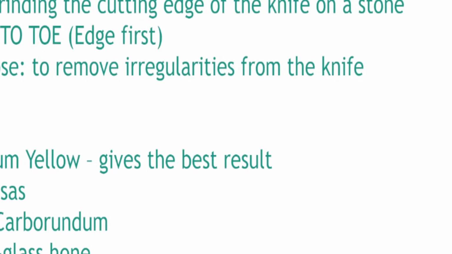Okay, we have Arkansas, the fine carborundum, and the plate glass hone and the machine hone. Plate glass hone is used not only for microtome knives but also for swords. Okay, just for your information, I saw that in the Discovery Channel once when they were trying to sharpen an old katana.